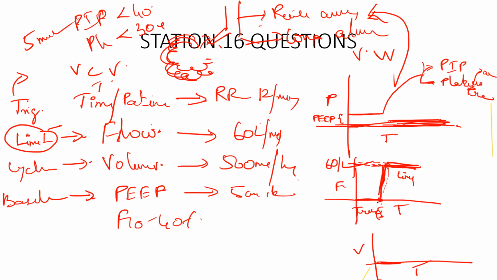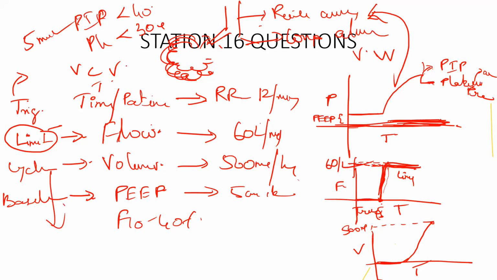Right. So flow is increasing to 60 liters, then it is sustained because it is limited. As the flow increases, the pressure inside the airways increases to overcome the airways, then the plateau pressure to overcome the alveoli. As the pressure and flow are increasing, what happens to the tidal volume? It will reach 500. Okay, now 500 ml has been reached, which means it has reached its cycling time.